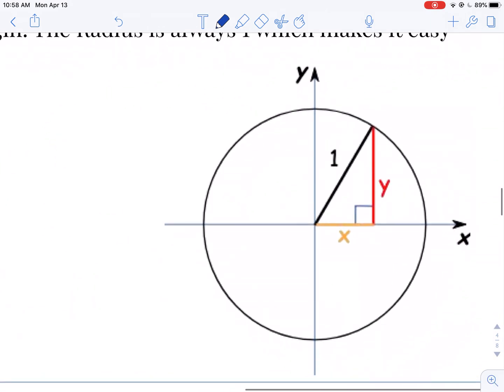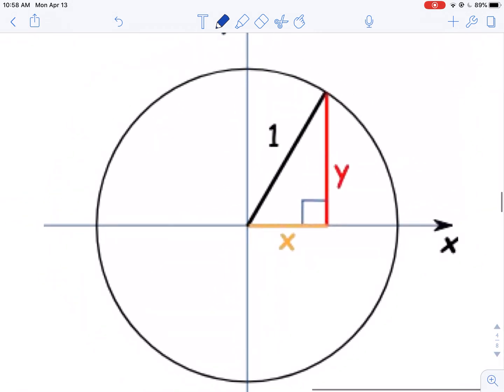Now this is what it actually looks like when we're talking about the right triangles. We are forming right triangles within this circle, and it's going to be drawn with respect to the x-axis, meaning that I have this right triangle here across from the origin. What this allows me to do is I can see that I have got a height here of y distance.